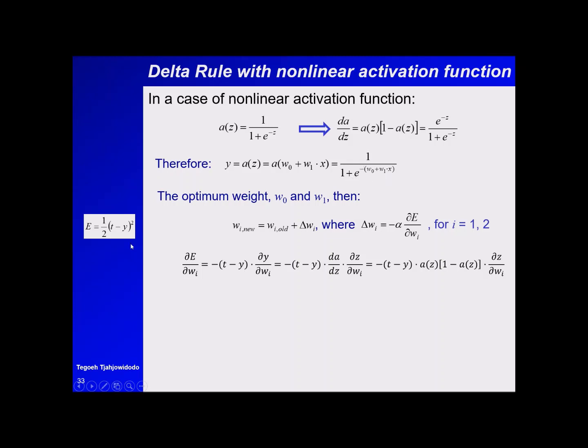So by using the chain rule in the differentiation, you can see that the first derivative of e with respect to w will be the first derivative of this with respect to t minus y, which will be equal to t minus y, right?